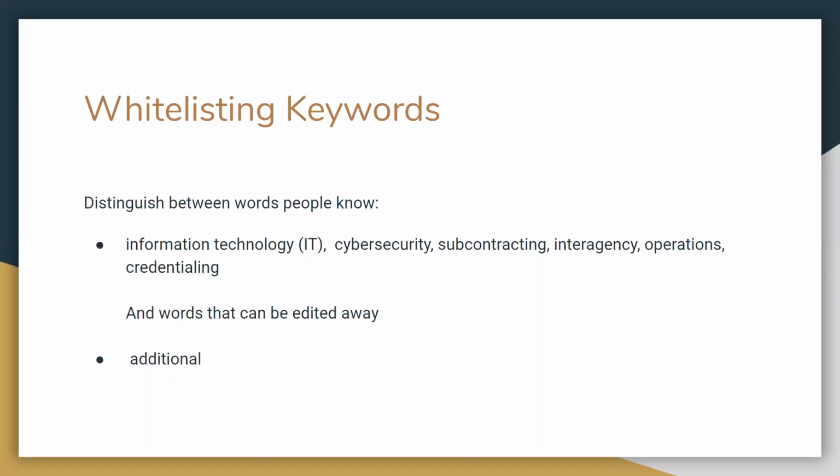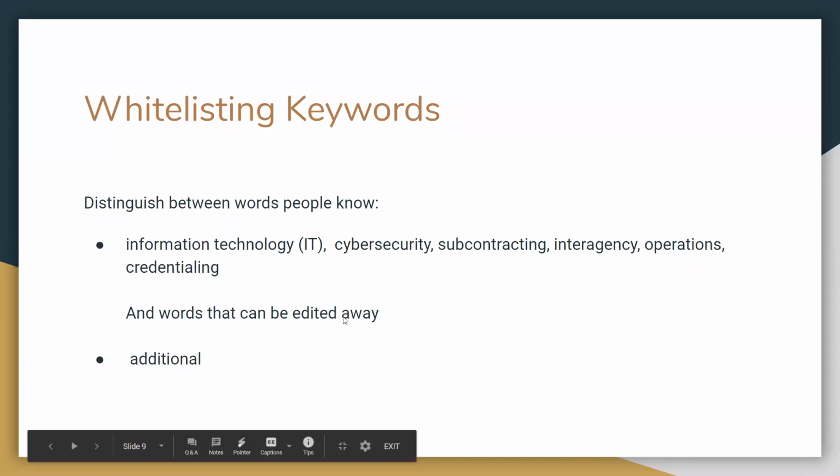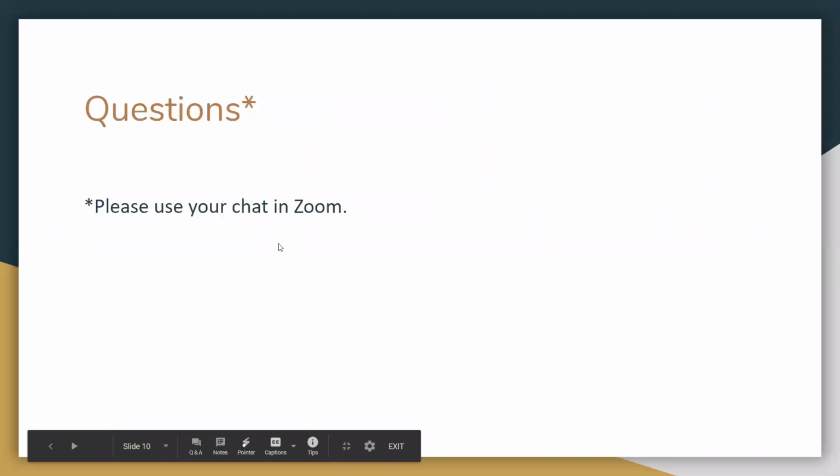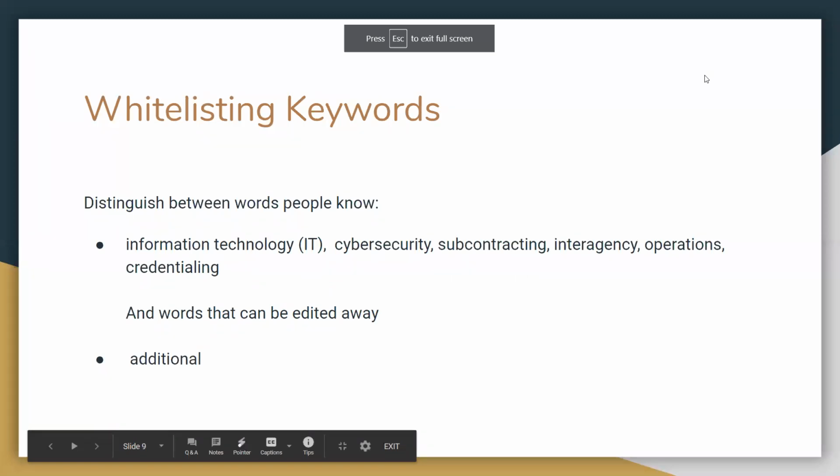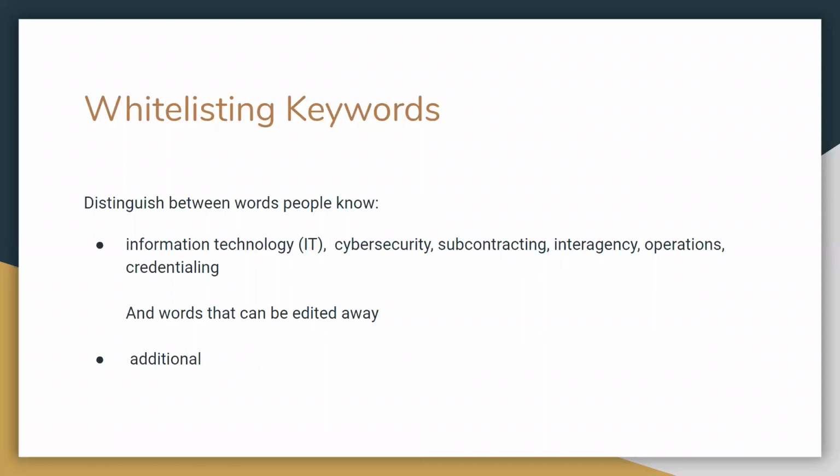And I talked a little bit about whitelisting keywords, and these are some judgment calls that we made. Some of the ones we had to whitelist were things like information technology. We were looking at the sorts of words that we thought people coming to these pages would know.